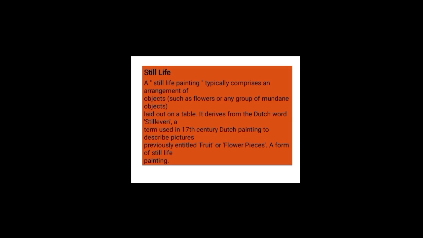Still life. A still life painting typically comprises an arrangement of objects, such as flowers or any group of mundane objects, laid out on a table. It derives from the Dutch word stilleven, a term used in 17th century Dutch painting to describe pictures previously entitled fruits or flower pieces, a form of still life painting.